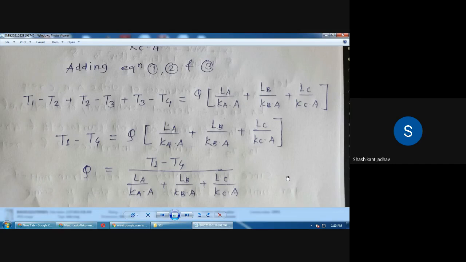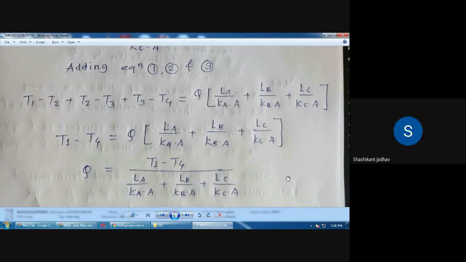First of all, you have to see the equation of heat conduction through the plane wall. At the end, instead of LA, L by K. L by K is nothing but, what is the meaning of L by K? Anyone? Thermal resistance, sir. Okay, thermal resistance.